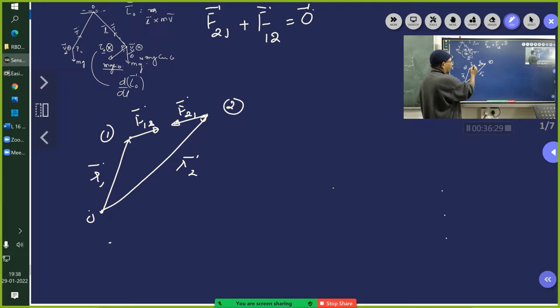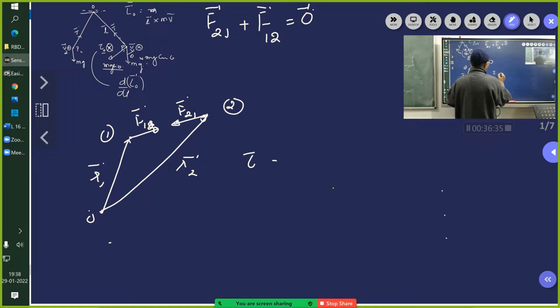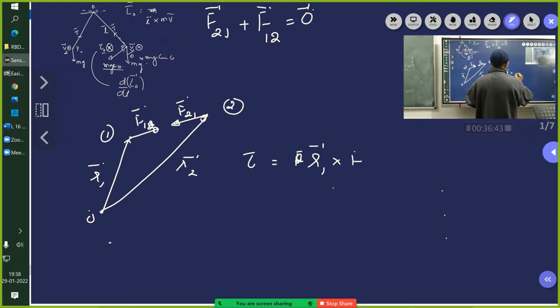So what is the torque due to F12 bar? The torque due to F12 bar will be R1 bar cross F12 bar.